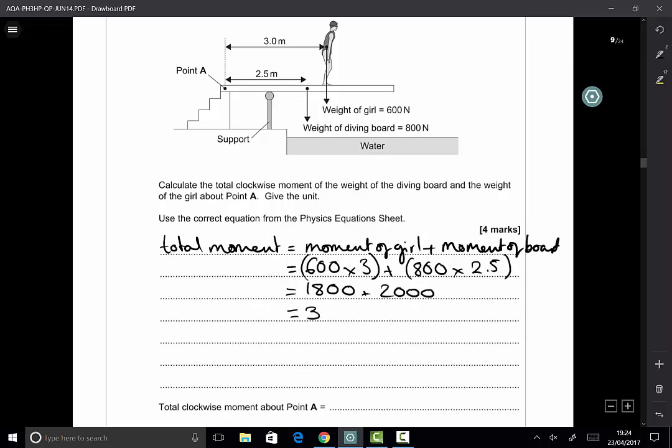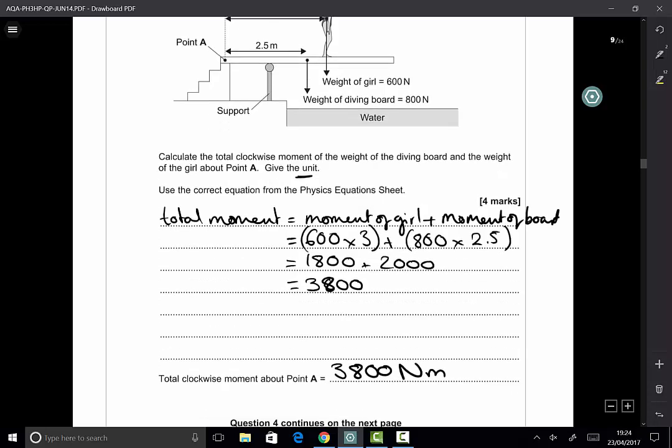Which gives us in total 3,800. And we want to give the unit, which is Newton meters. Capital N, little m.